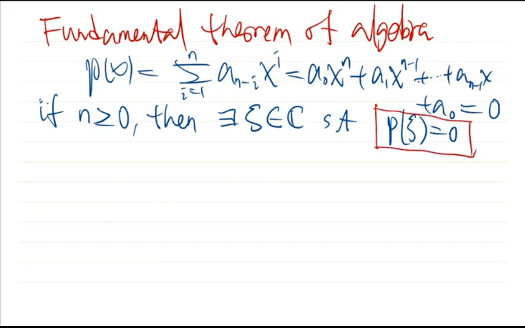This is a very difficult and very important theorem in algebra. Therefore it is called the fundamental theorem. Even for this equation, except for the linear equation, the simplest equation is the polynomial equation.